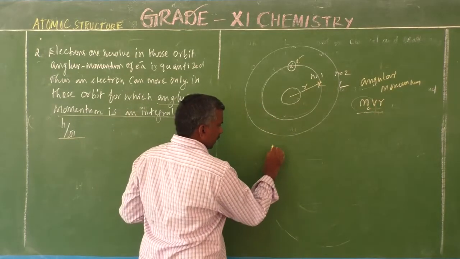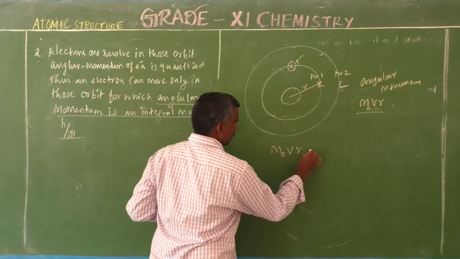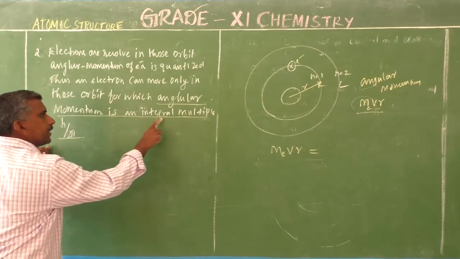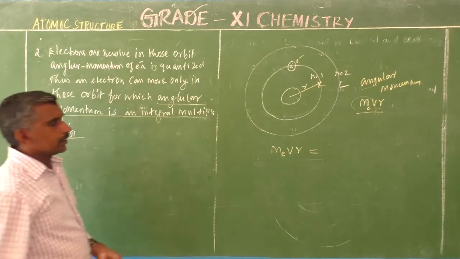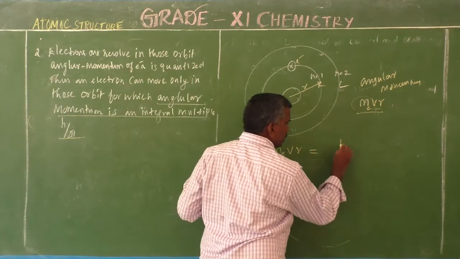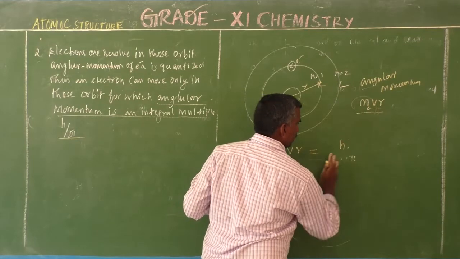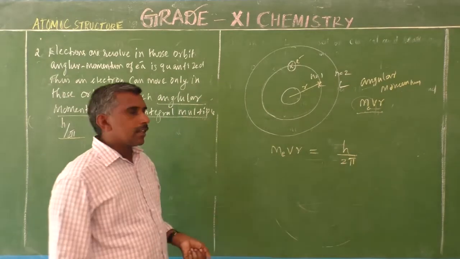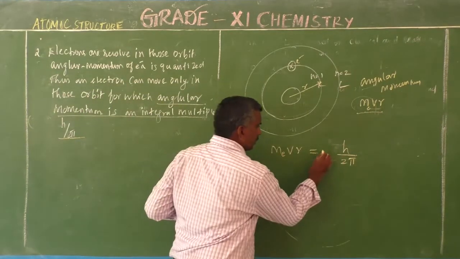So m_e v r, this angular momentum, is an integral multiple of h by 2 pi. Now what does integral mean? Integral numbers.